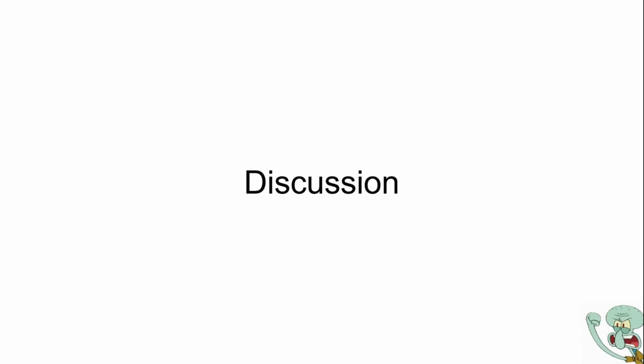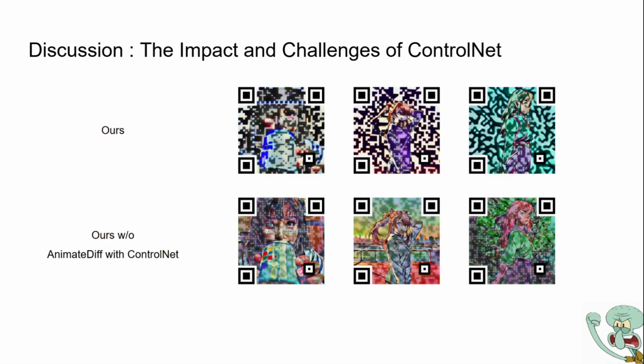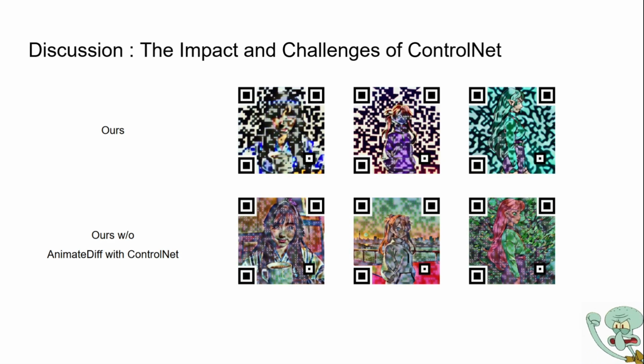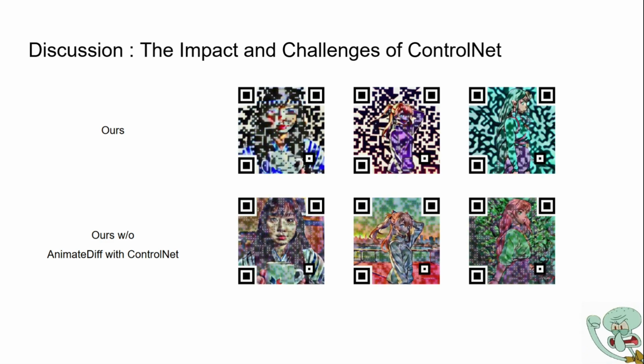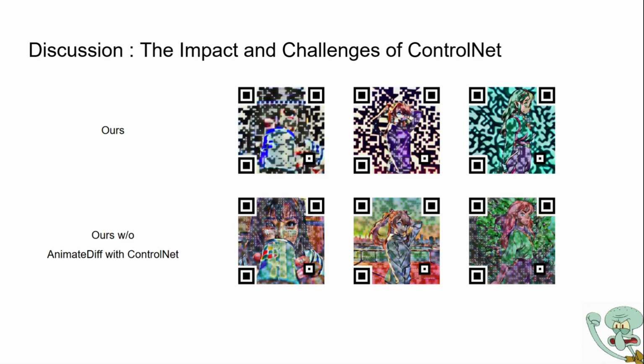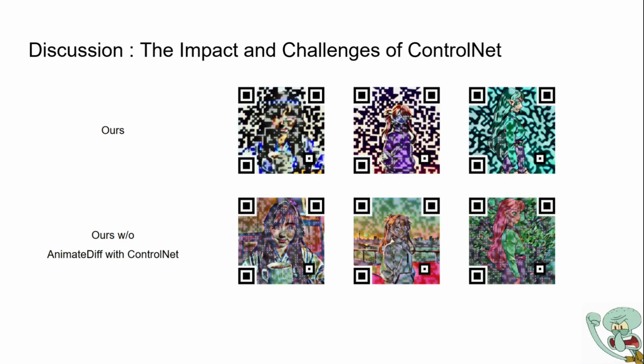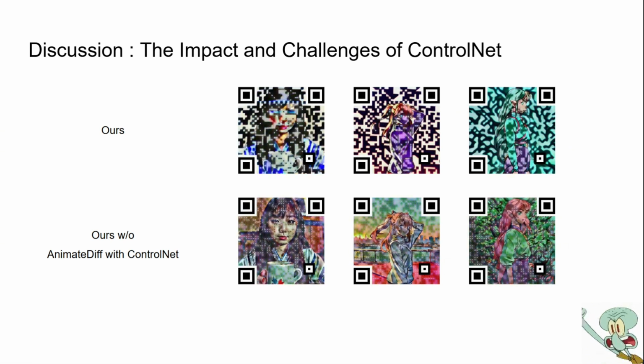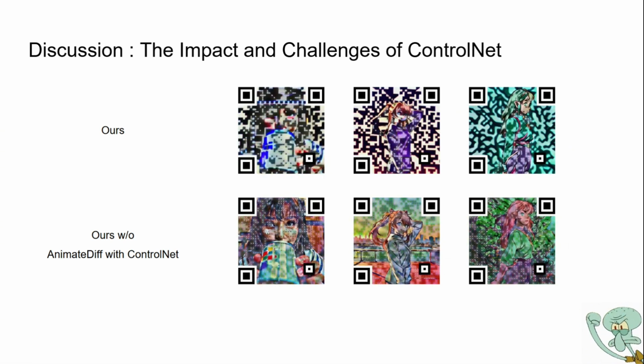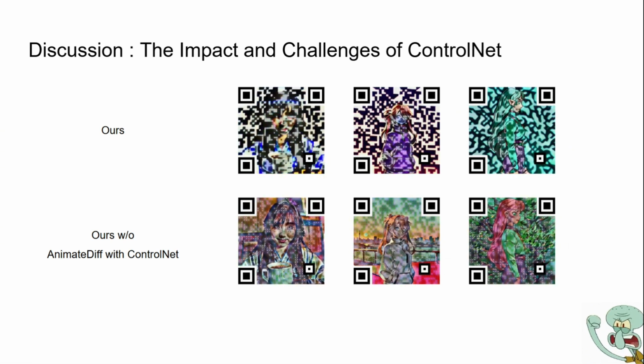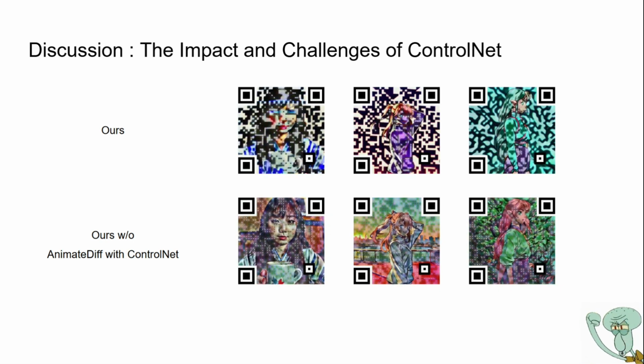Except for the results just shown, we also did some other experiments and made some observations. After completing our project, we conducted an extra experiment where we removed AnimateDiff with ControlNet from our method. Interestingly, we found that the results were better than those from our full pipeline. We believe this is because the current implementation of AnimateDiff with ControlNet is not yet capable of generating fully satisfactory results.